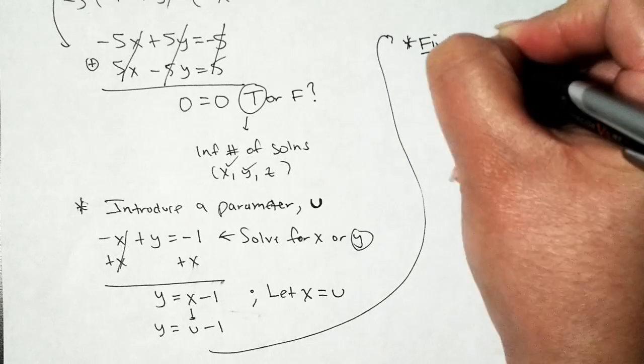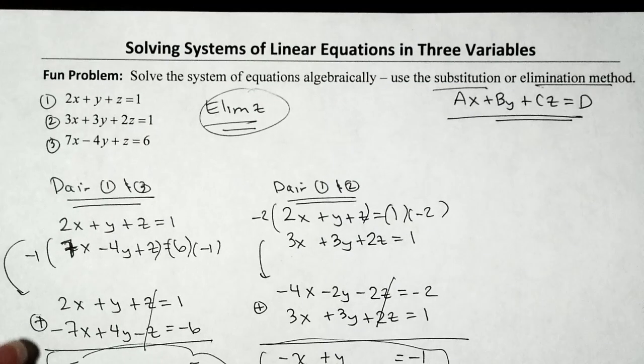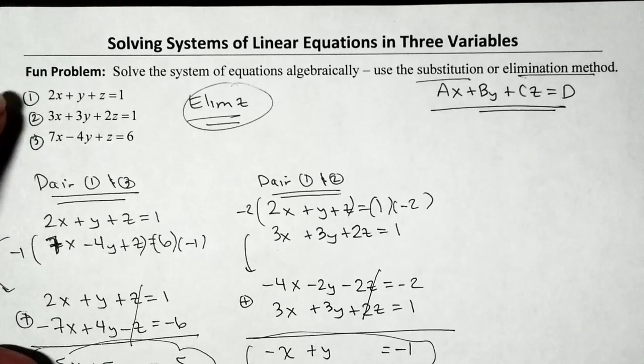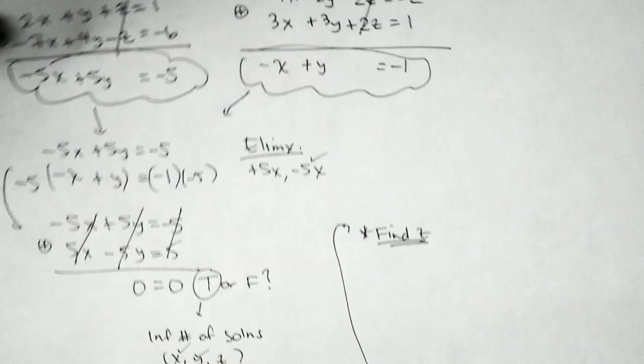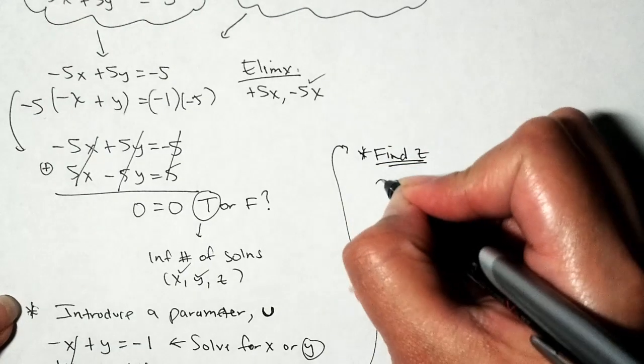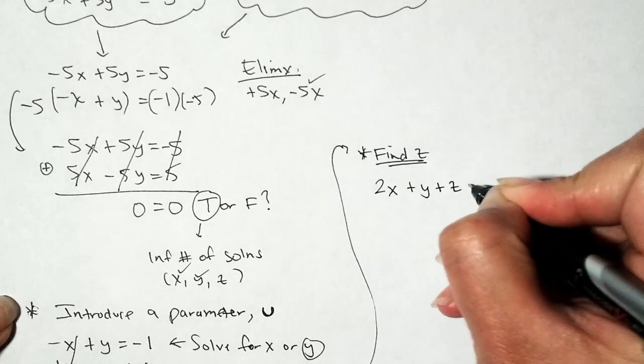So we are gonna pick any equation and then solve for z. I can't project all of my equations. The one that scares me least is the first one. So let me go ahead and use the first one. Okay. So that first one, we have 2x plus y plus z equals 1.